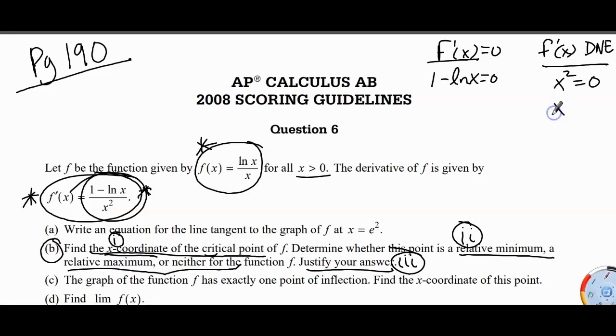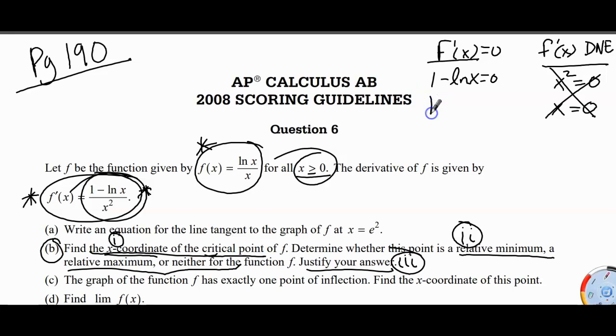Now for this one over here, that's only going to happen if x equals 0. We're not even going to consider that. And the reason is because x has to be greater than 0. It can't equal 0. Would have been a game changer possibly if they'd have put an equal here and the function was different, but since we're not including 0, we're going to ignore that one. We're going to look at f prime of x is equal to 0 though.